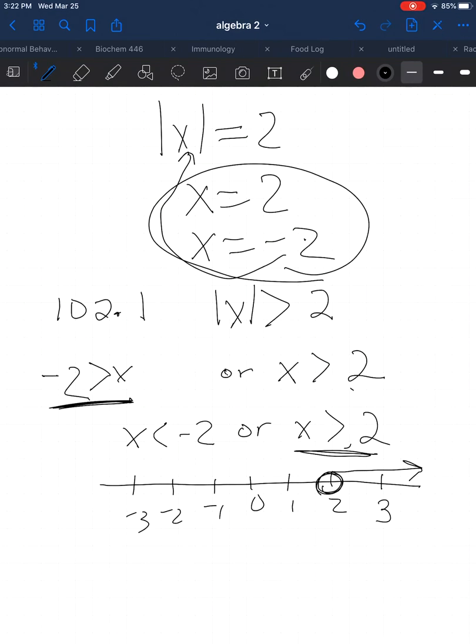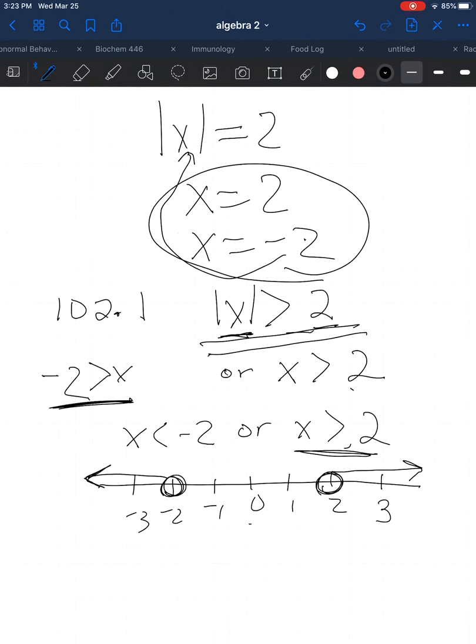Now x is less than negative 2, so we put an open dot on negative 2. And which of these numbers are less than negative 2? All the negative numbers going to the left. So this is a distance that's greater than 2 from 0. So if you go back and look at it, here's what we were trying to accomplish. Absolute value of x is greater than 2. So in other words, another way of thinking of this would be the distance from 0 is greater than 2.